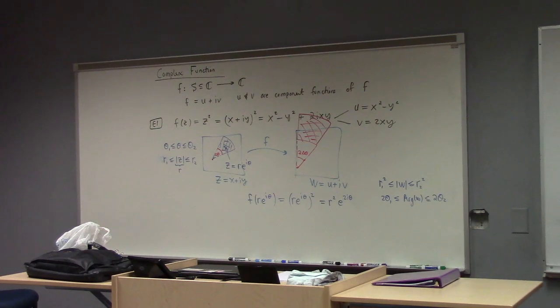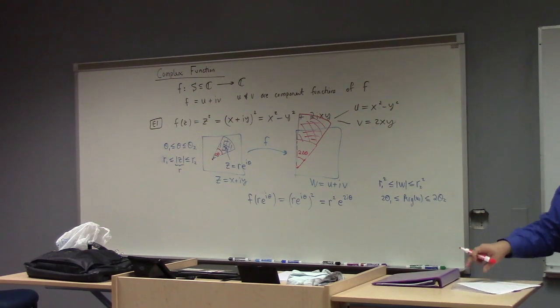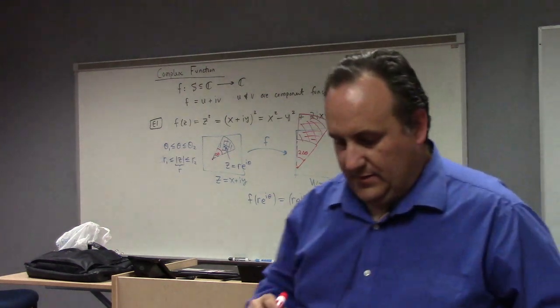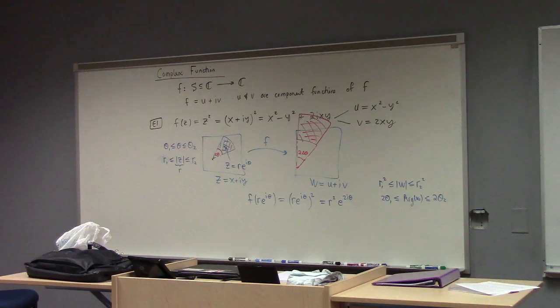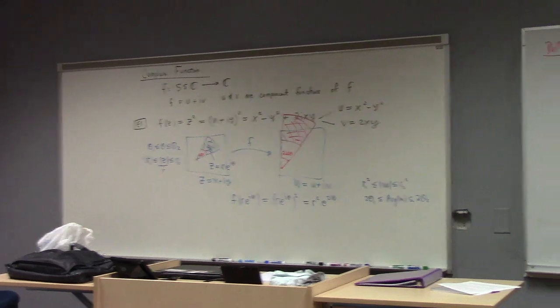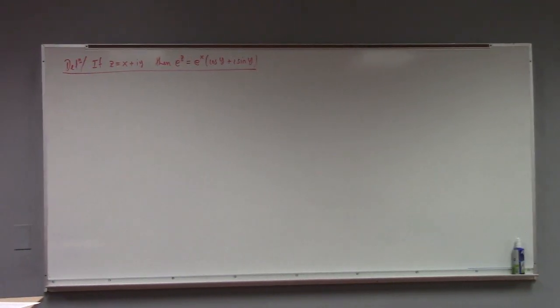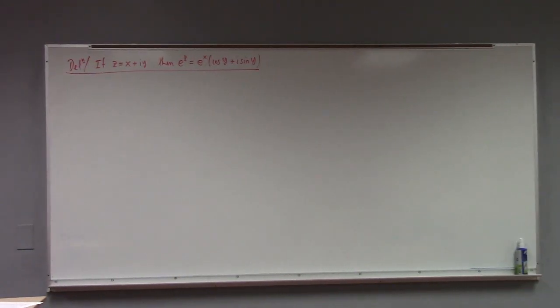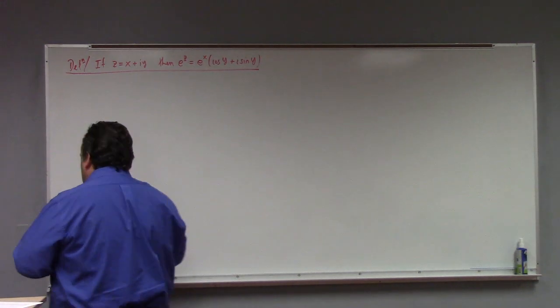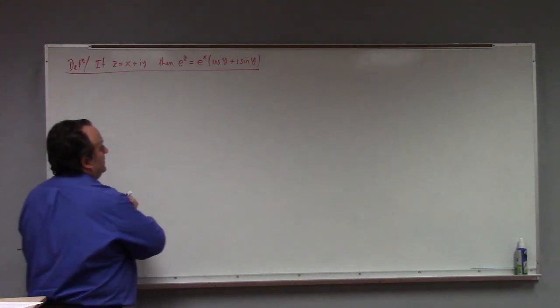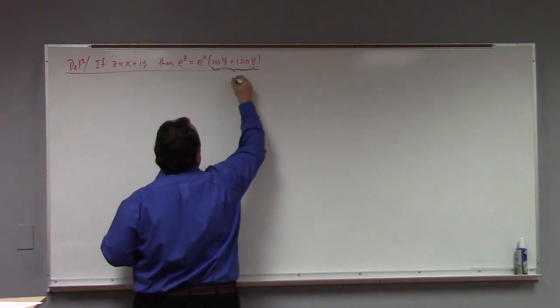That is the complex exponential. Of course another formula you could write equivalently is that e to the z is e to the x times e to the iy, right? This right here is e to the iy.